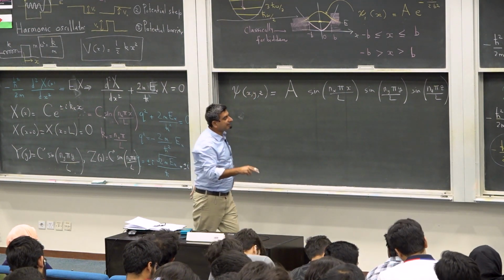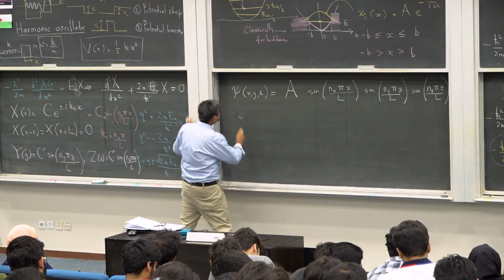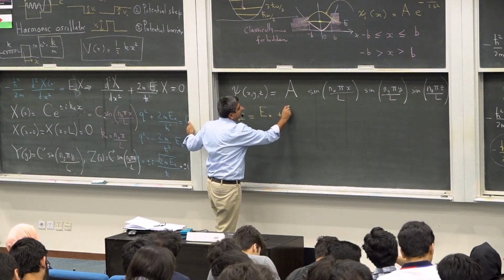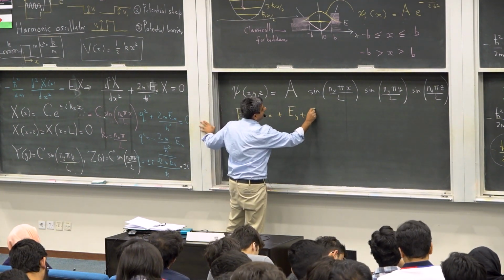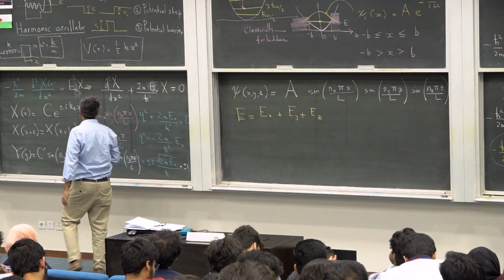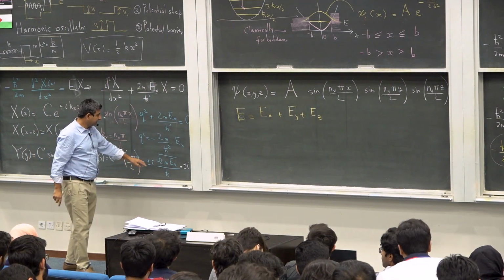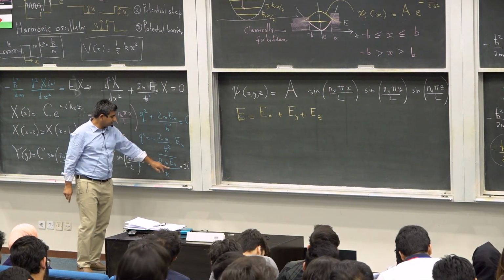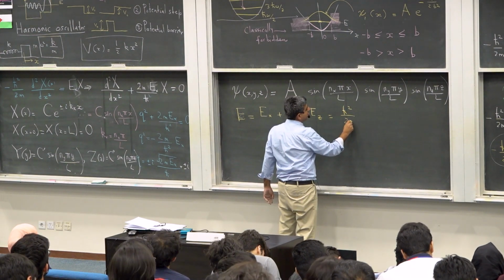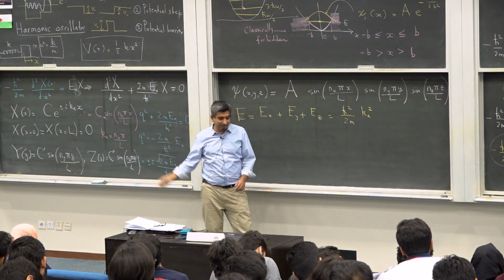And what about the total energy? The total energy of the system is now going to be Ex plus Ey plus Ez. But what is Ex? Ex is h bar squared over 2m kx squared, correct? I'm just putting in the values from there.